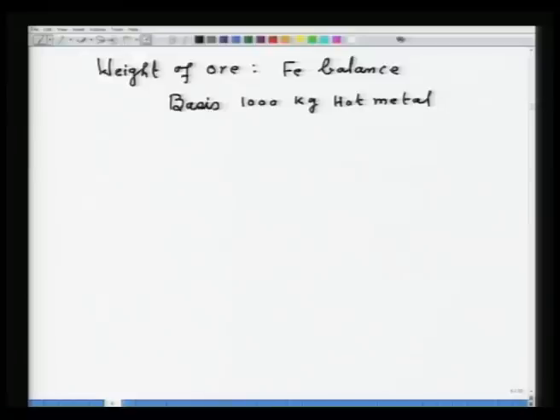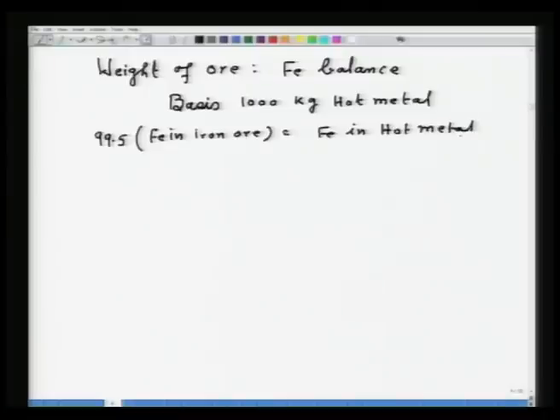Now, if we make the iron balance, we have noted in the problem that 99.5% of iron in iron ore is equal to iron in hot metal.